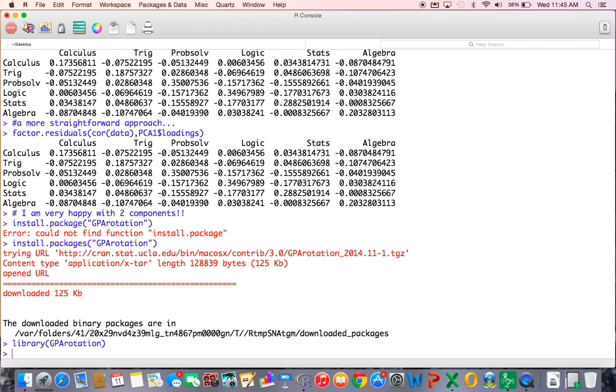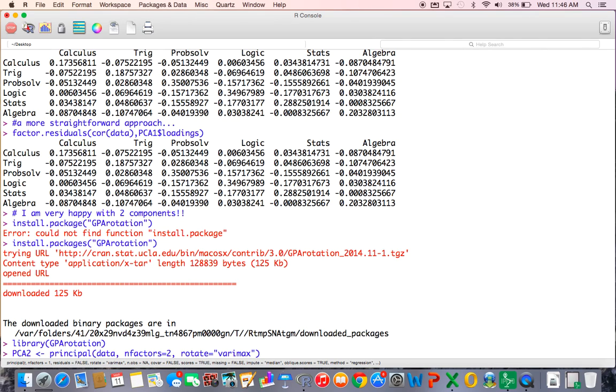Okay, now I'm going to run my second model, so I'm going to call this PCA2. And I'm going to use principal just like before, same data, with my 2 factors. Because now we're going to bring in the most commonly implemented orthogonal rotation process, called Varimax.